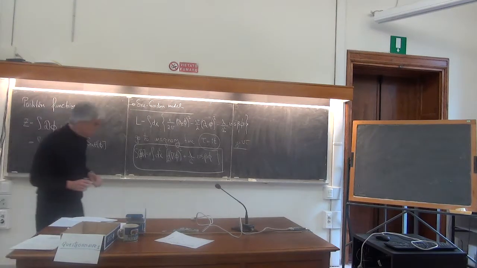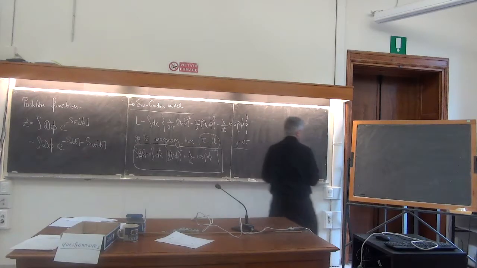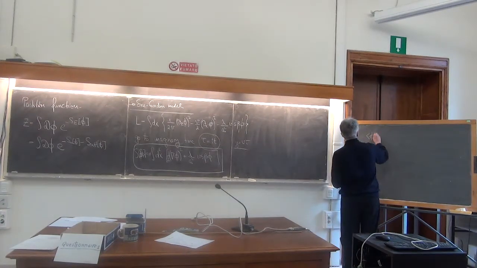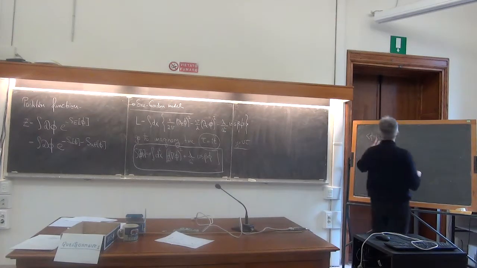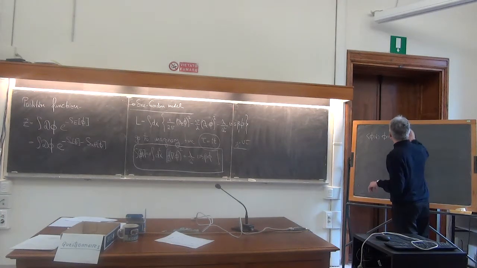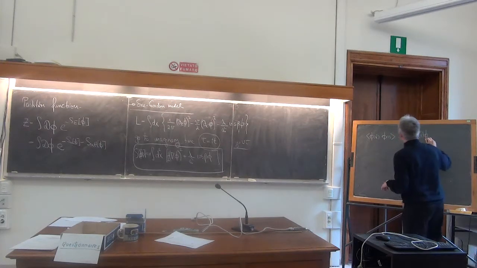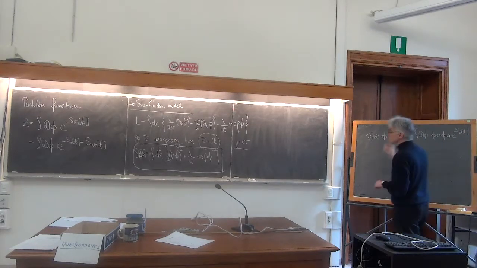Now this is the usual functional integral over this scalar field. We're not really interested in Z itself, but it's the most useful quantity to consider. If you want to calculate physical observables, you would calculate something like a two-point function. Now this is in Euclidean space, and to get the analogous quantity in Minkowski, you have to analytically continue. This will be defined as 1 over Z, then the integral d phi of phi of x, phi of 0, times e to the minus Euclidean action of phi, and so on and so forth.